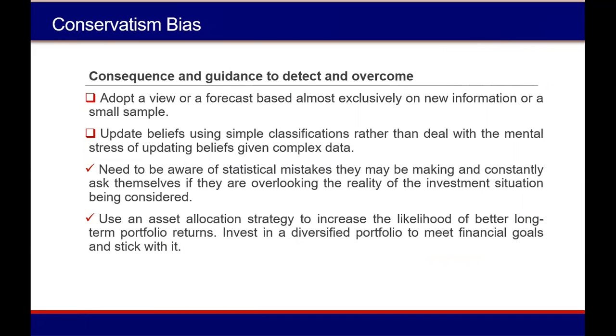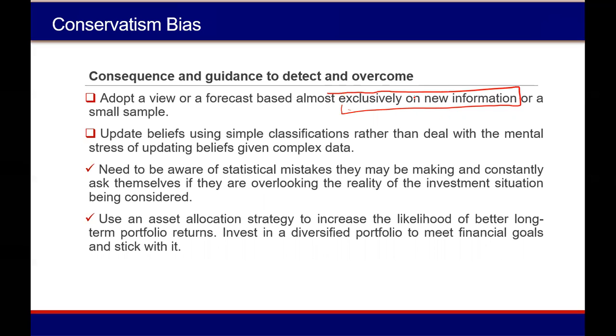Market correction. Okay, yeah. So how do representativeness biases have implications for us in terms of consequences, and how can we overcome these biases? The first thing is that people have a tendency to make their decision exclusively on new information or a small sample.